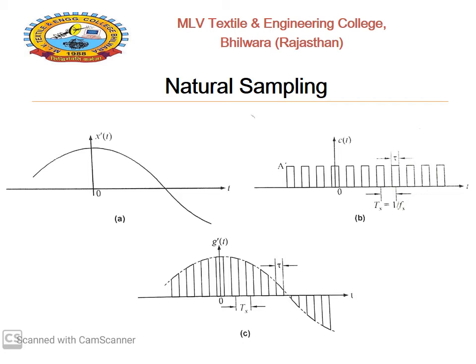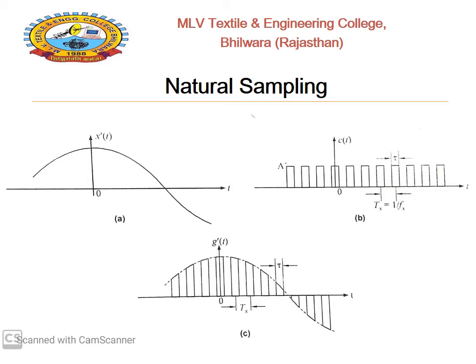It is a pulse train where the time duration between the pulses is Ts and the width of the pulses is tau. The same approach is applied to the continuous time signal and the pulse train, which generates the sampled form shown in figure C, where the pulse amplitude changes according to the continuous time signal.